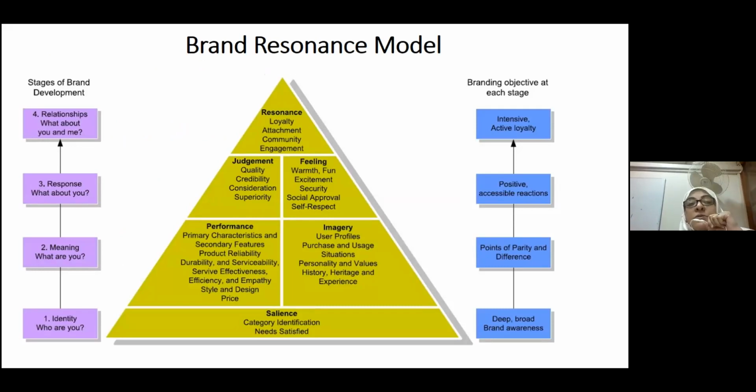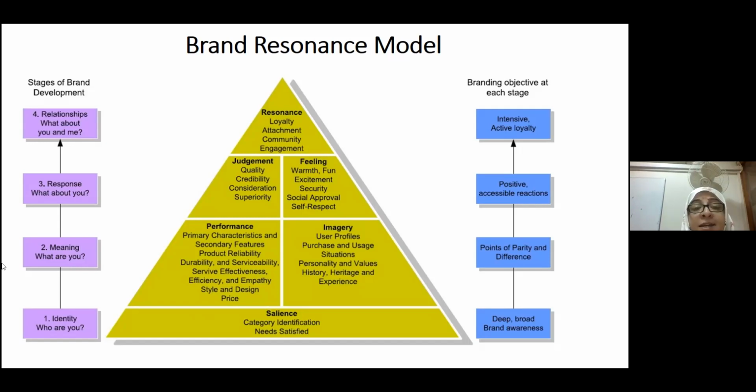So basically this resonance model or this brand engagement model has been developed by a very famous brand marketer whose name is Keller. And if you search on YouTube, you will find very recent talks about brand management by this brand marketing guru.